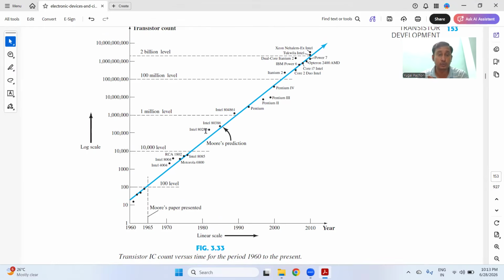Intel 80286 used 100,000, and 1 million in Intel 80486, and Intel Pentium 4 uses more than 10 crore. 100 million transistors are used in Itanium 2 and Core 2 Duo, and you can see the 100 level, Intel 4004, Intel 8008, RCA 1802, Intel 8085. All those who are students of electronics can easily relate to this graph, what this graph is trying to say or not.